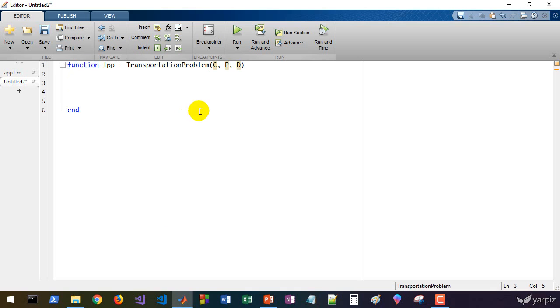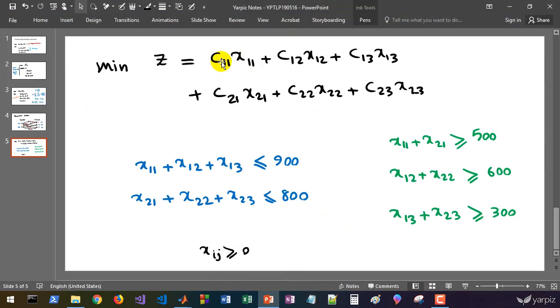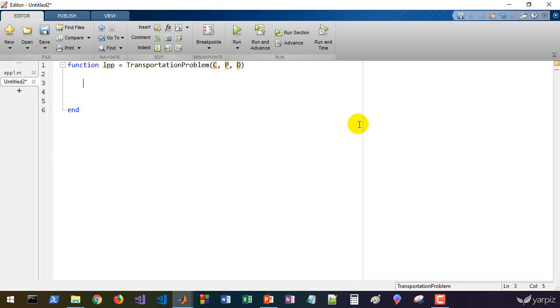And we know that the general form of this C is that we have two rows and three columns. And we have a matrix C that has rows equal to the number of providers and columns equal to the number of consumers. So if we are going to calculate the number of providers, NP, it is the size of C in rows.